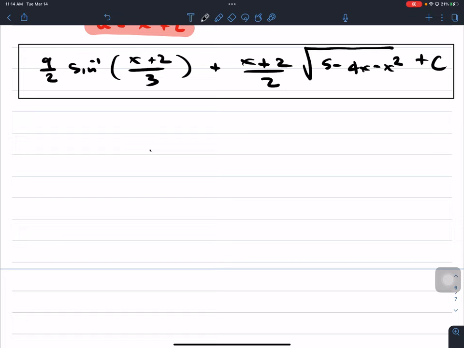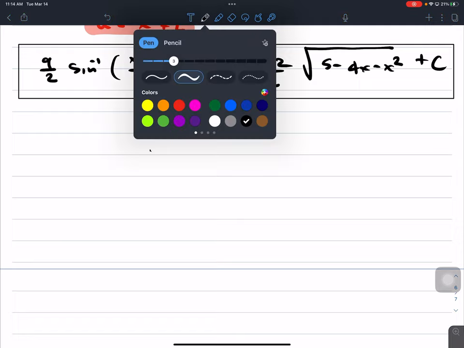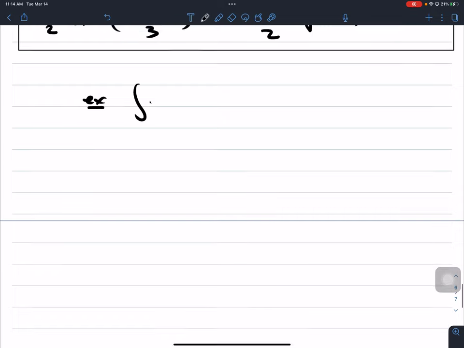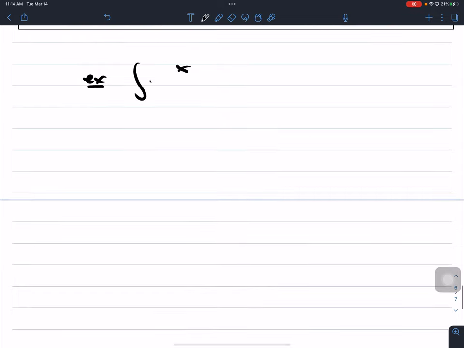Like, for example, if I said to you, what if I have something like this? X minus 1 over x squared plus 3x plus 2 dx here.